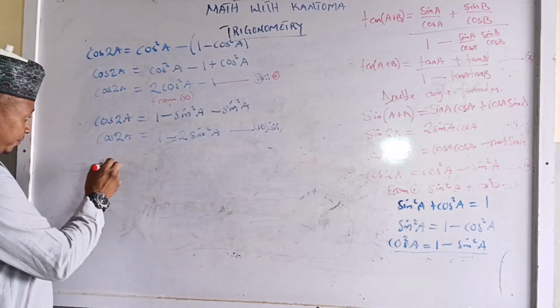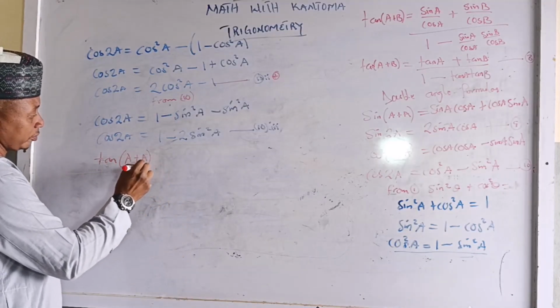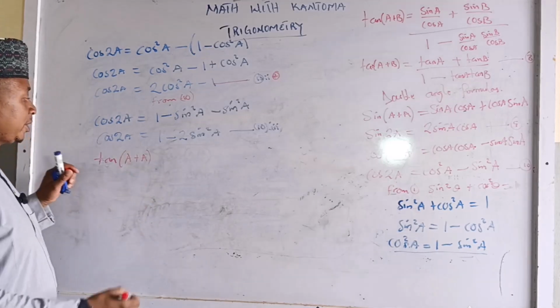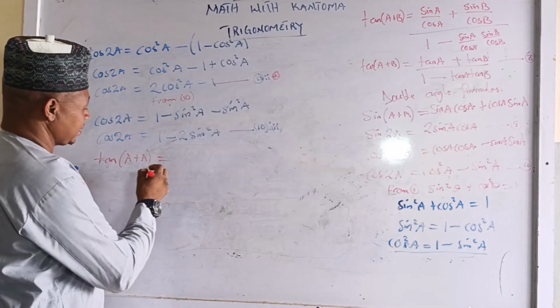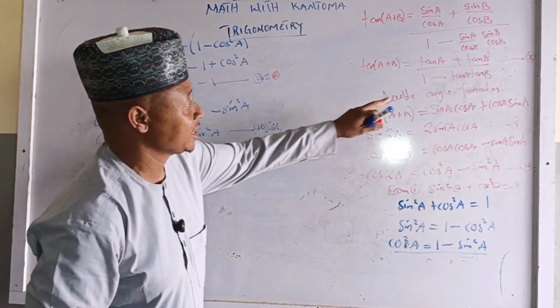So now tan of A plus A, instead of A plus B we said B is equal to A. So what is tan of A plus B? By the formula, tan of A plus B is given by this formula.